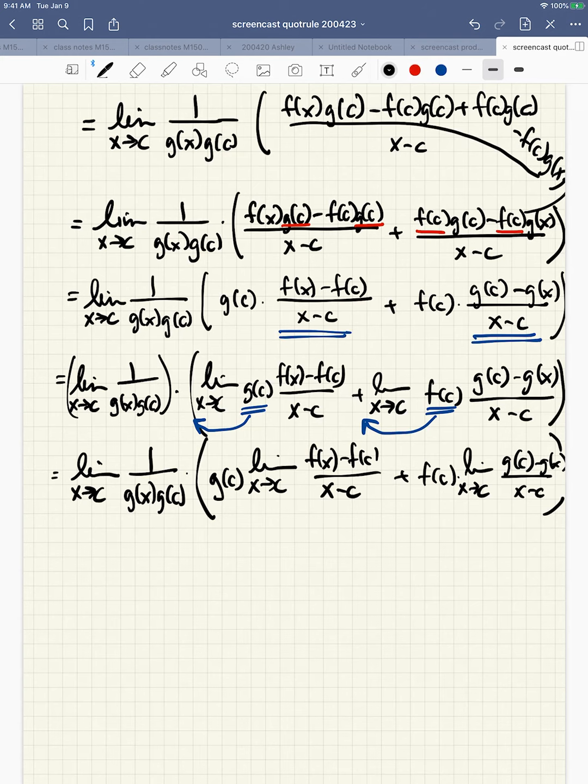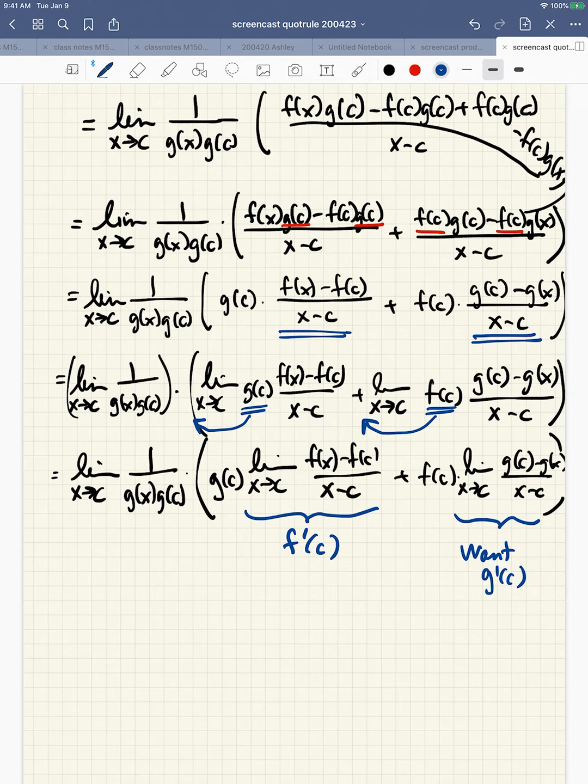Okay. So here, this is exactly the definition of f prime of c. Okay? That's great. Here, we want g prime of c, almost.